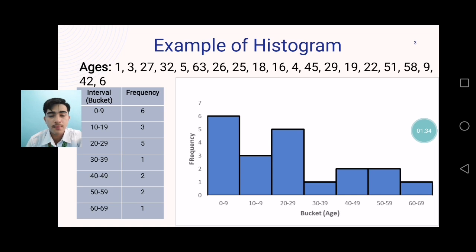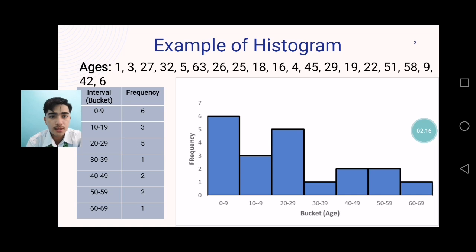To come up with the histogram, you have to group the ages, like in this example: 0 to 9, 10 to 19, 20 to 29, 30 to 39, 40 to 49, 50 to 59, 60 to 69, and these are called intervals. Now, the frequency is how many fall in each interval. For 0 to 9, the frequency is 6: we can see here 1, 3, 5, 4, 9, and 6.